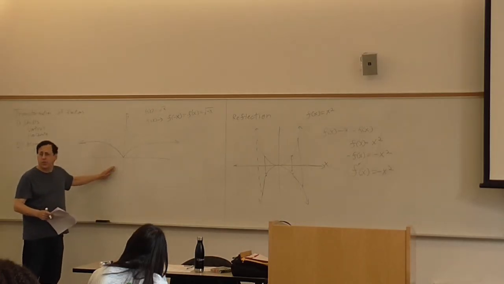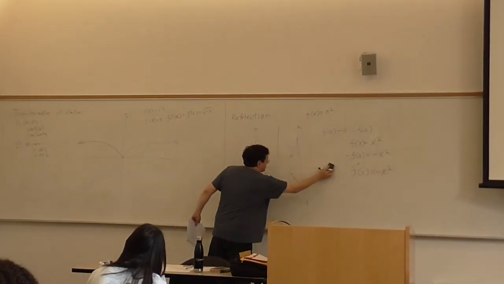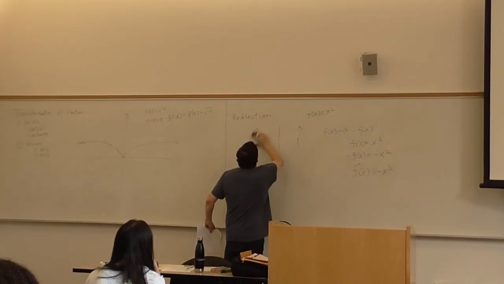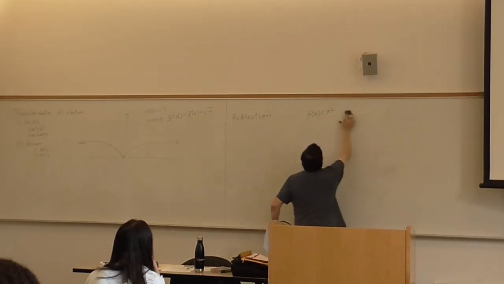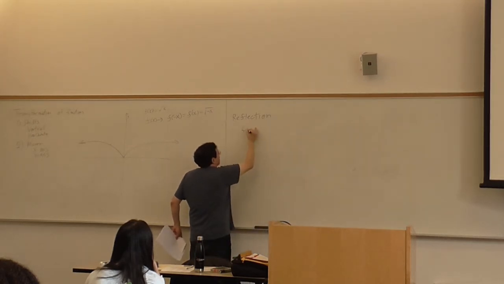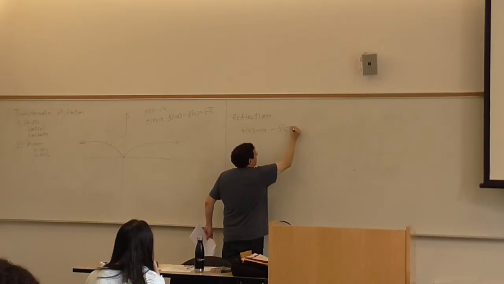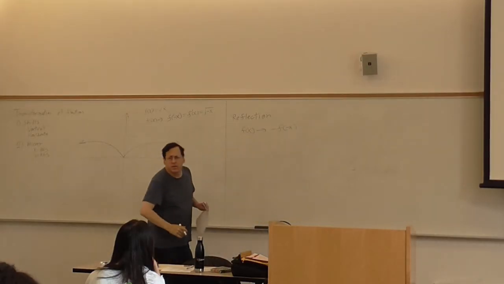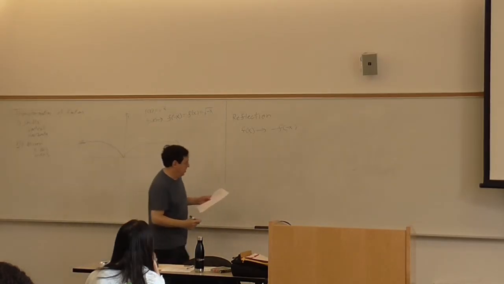We could actually do this across both axes, couldn't we? You could say, I want to transform f of x to negative f of negative x. Well, what would that do? That would reflect it across both the x and the y-axis.